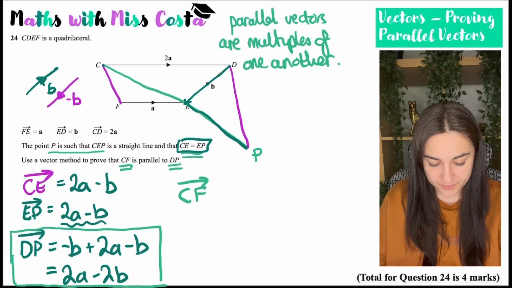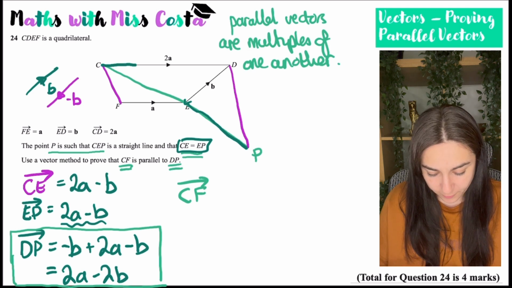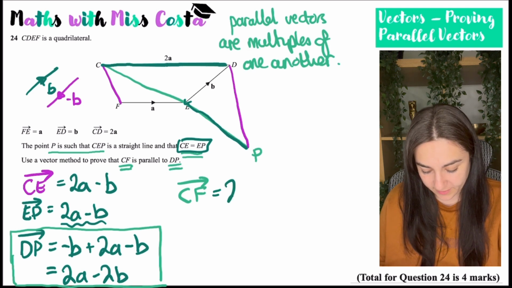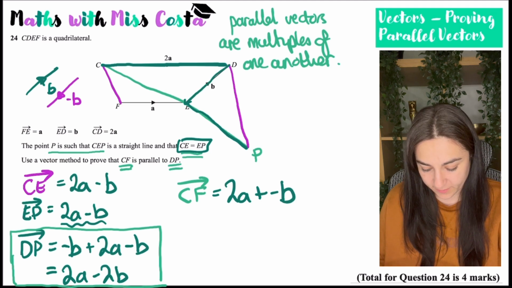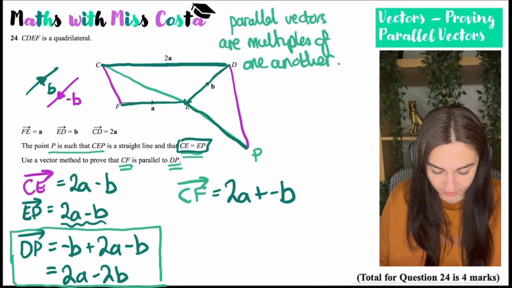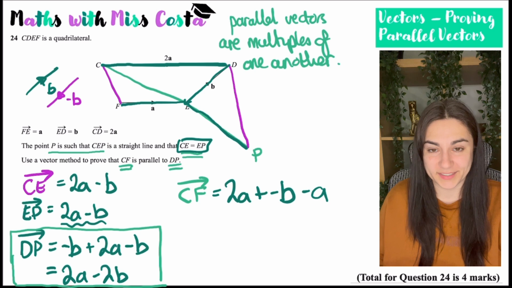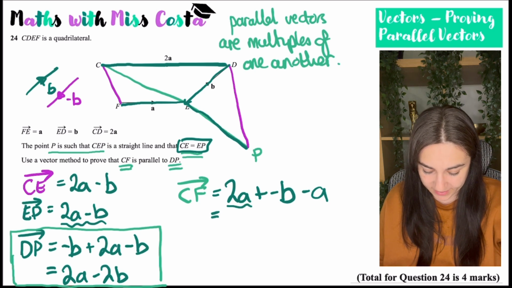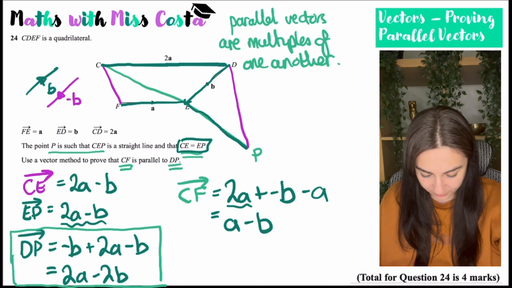So once again, let's follow the lines. How can I get from C to F? So I start from C, I go along. So I start with 2a plus, and then negative b because I'm going in the inverse direction to the direction of the arrow, and then I go negative a as well because it's in the opposite direction of the arrow. So let's simplify that. 2a take away a leaves me with a, and plus negative b is minus b. So how can I write that?